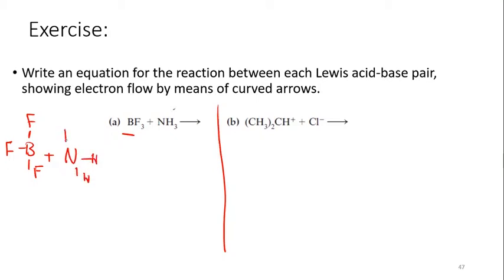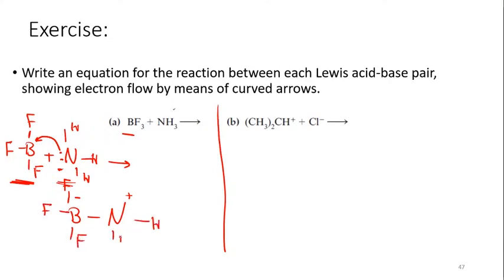In that case, I have here a lone pair, and this lone pair would move to this boron. So I will form the covalent bond between the Lewis acid and the Lewis base, and the Lewis base will acquire a positive charge. My Lewis acid will acquire a negative charge, and I can just write down the rest of the remaining bonds around my two atoms.